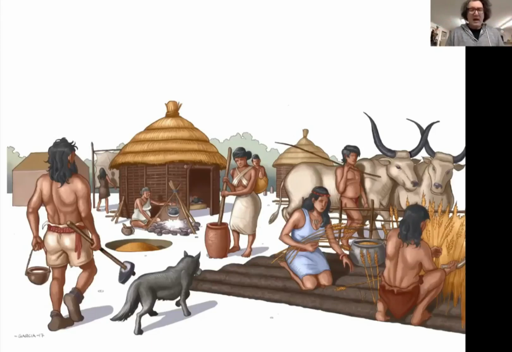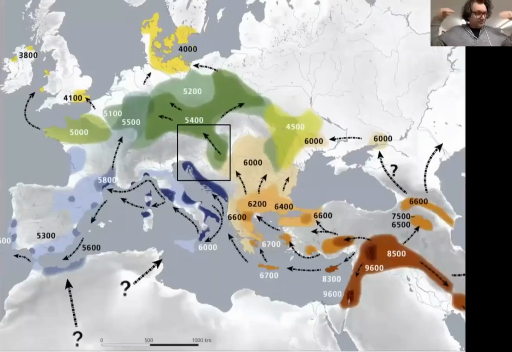But there's also a kind of big picture story, a historical drama, where we see a spread of new material assemblage from the southeast towards the northwest over a span of several millennia, which resulted in a rigid thing that we call the Neolithic.